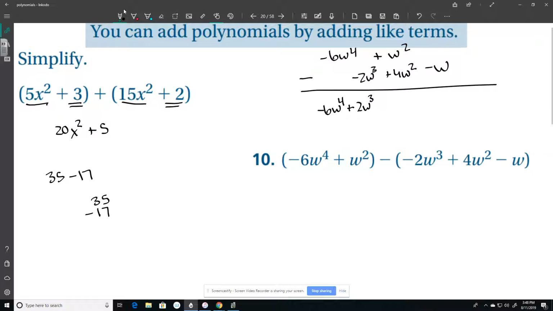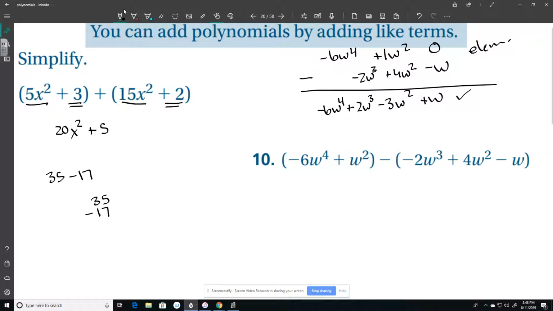W squared, there's one of those, minus 4w squared is negative 3w squared. And then nothing, 0, minus a negative w is actually 0 plus w. So that would be your answer. I don't like this way. This feels like elementary to me, but a lot of students do like to do it that way.